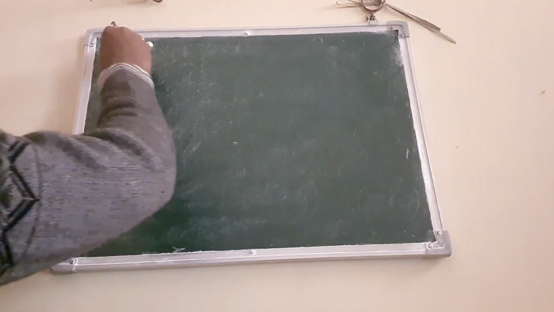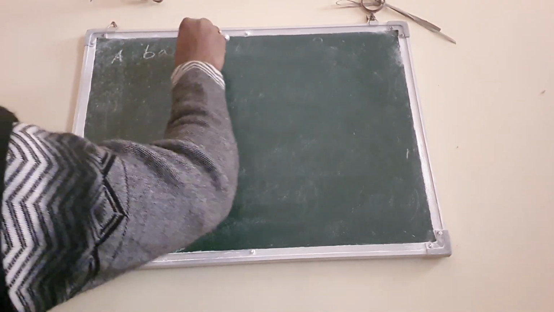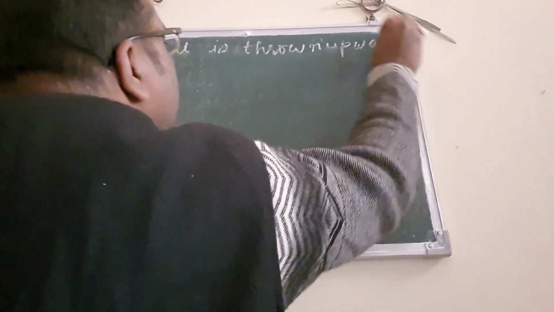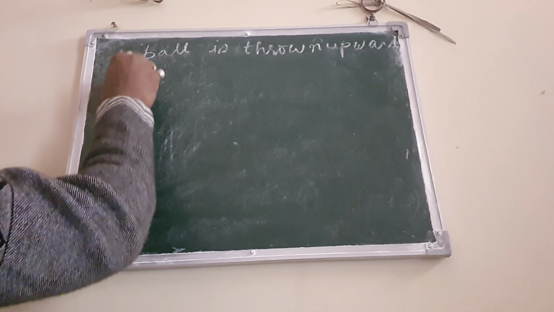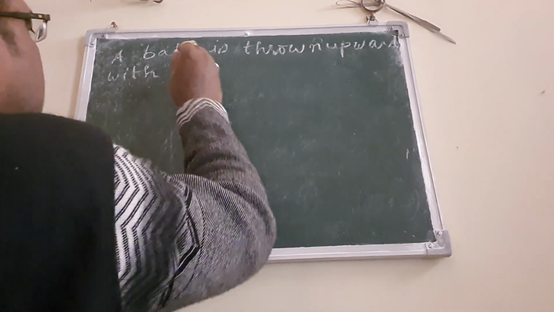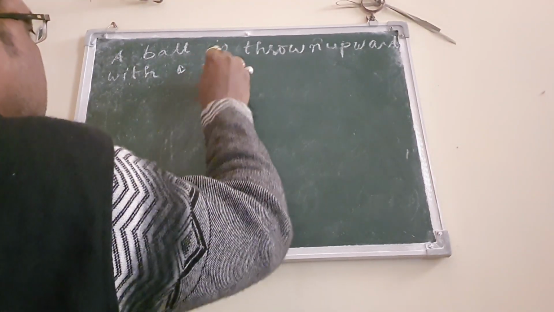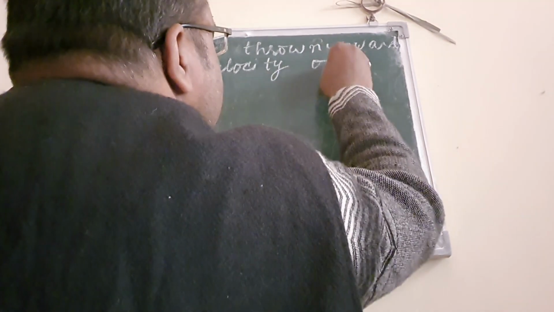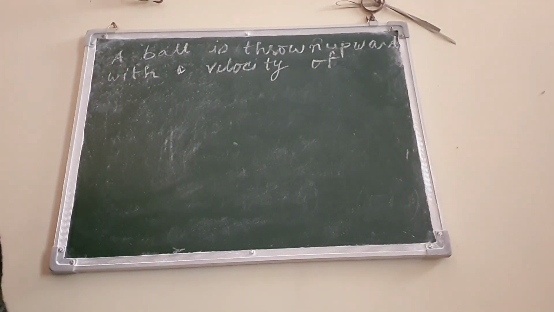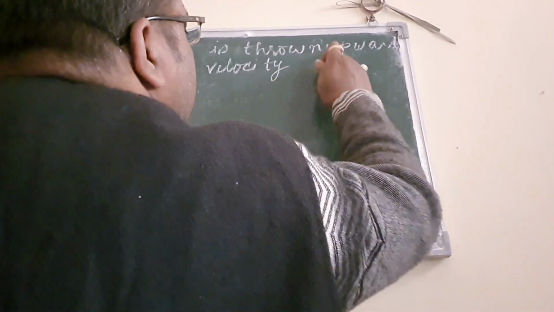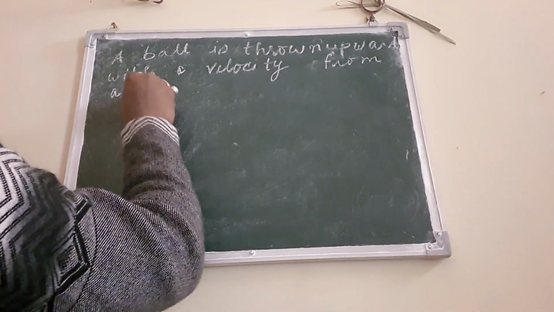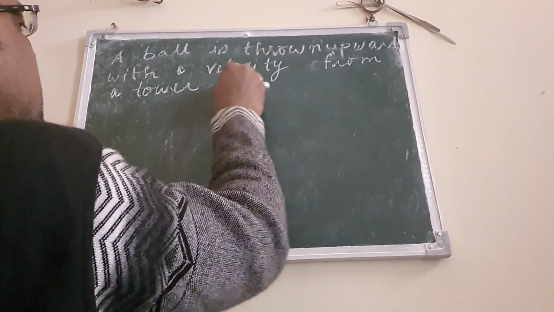So the first question is, a ball is thrown up with a velocity from a tower upwards.